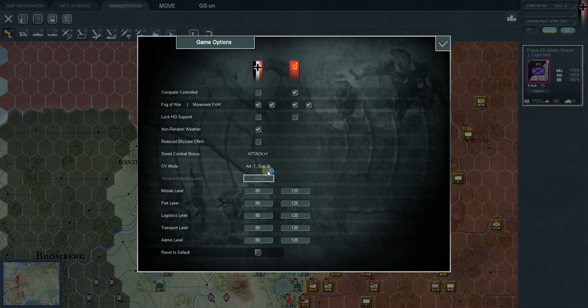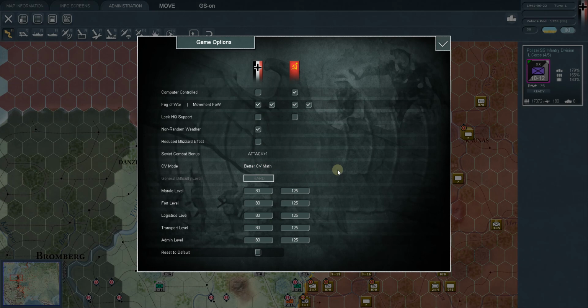Now you have different options to go along with that. All this means is artillery counts as one CV, support units count as zero. Support units that are directly attached to the unit, and then you can do that with better CV math. Artillery's one, support units directly attached count as one. This is beyond where we are.